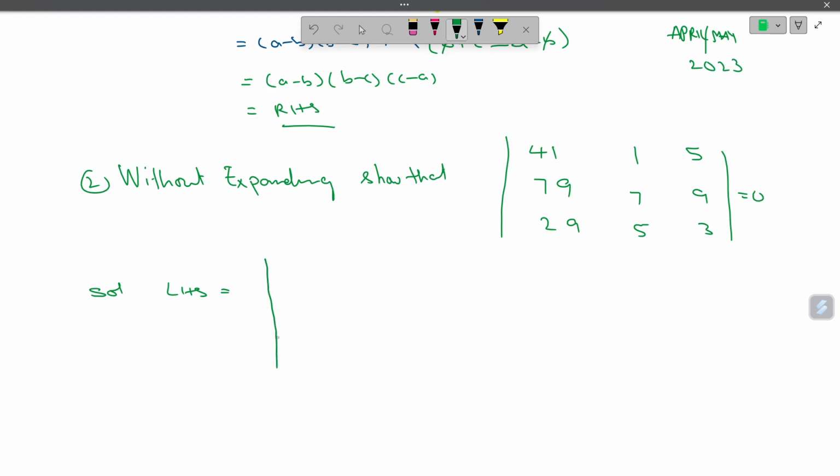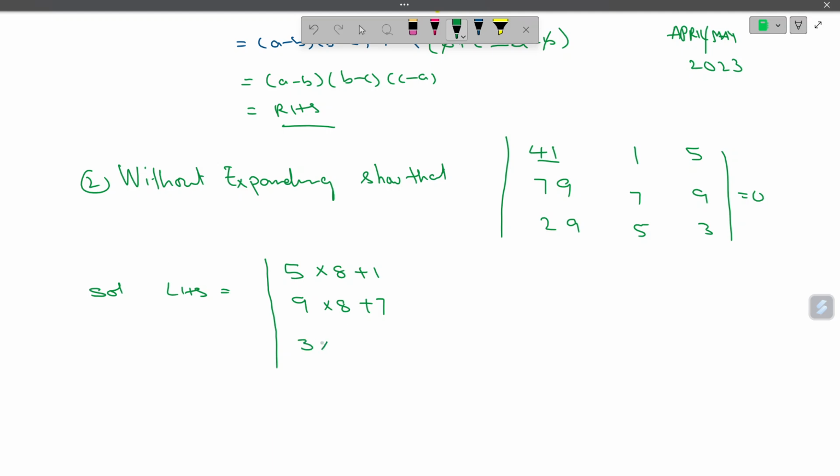So left hand side equals, what I am doing is, 41: I am writing 41 as 5 times 8, 40, plus 1. So this is 9 times 8, 9 eights are 72, 72 plus 7 is 79.